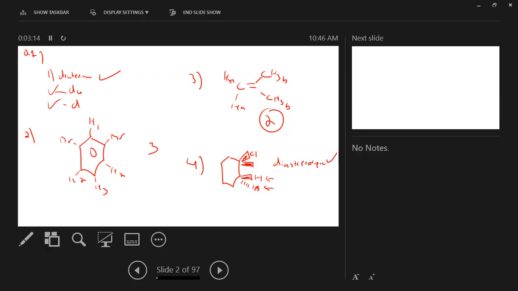Any questions so far? All right, we'll go to 5 then. Question 5 says, analyze the structure to determine which contain enantiotopic protons. So we're looking for enantiotopic protons.